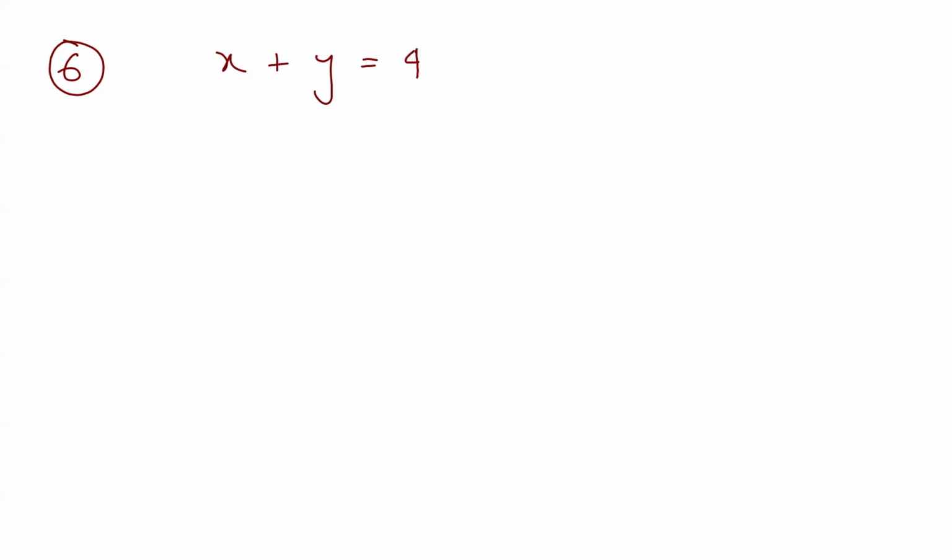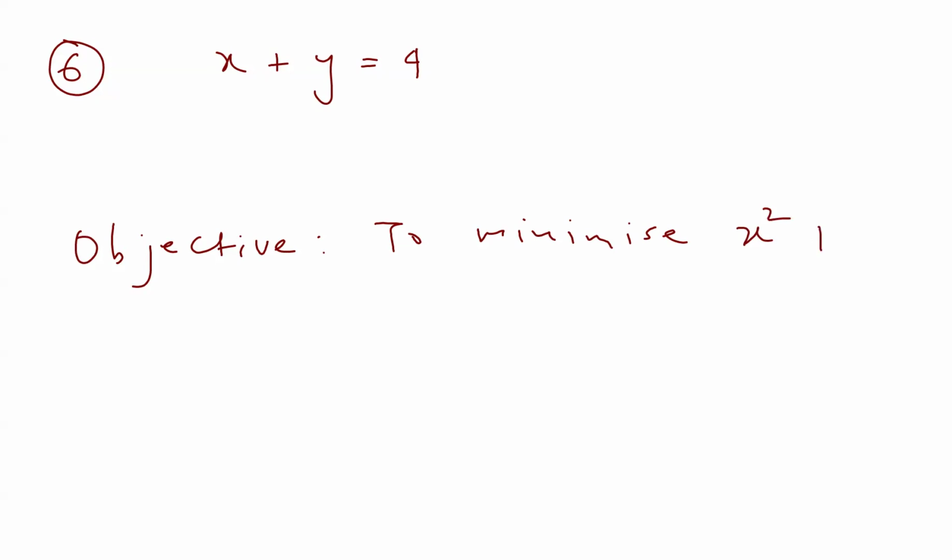Something has to be minimum. So the objective is to minimize the sum of the square of the first number plus the cube of the other, y cube.